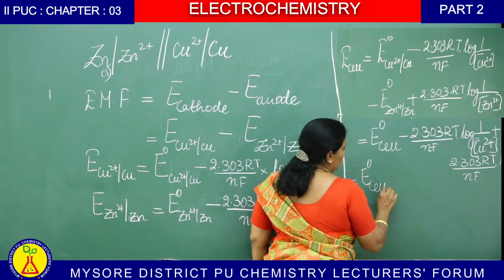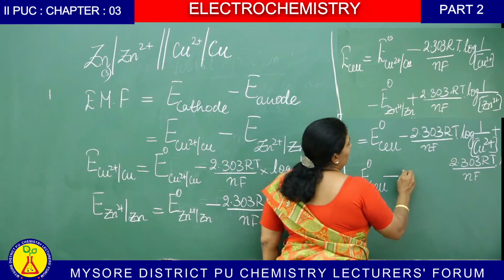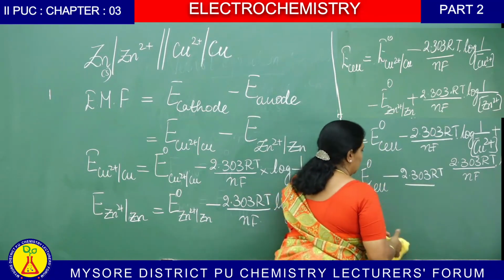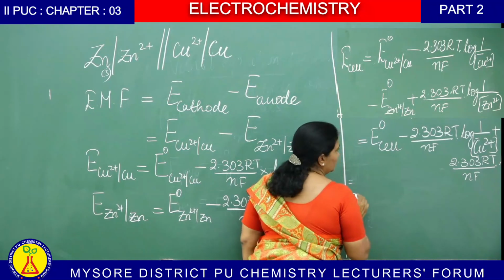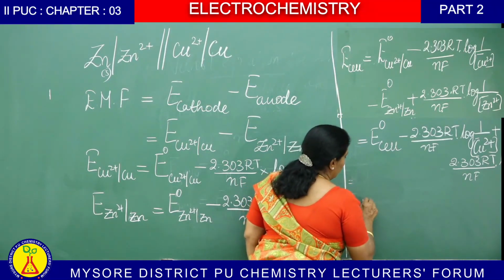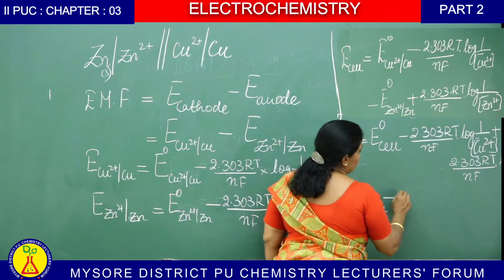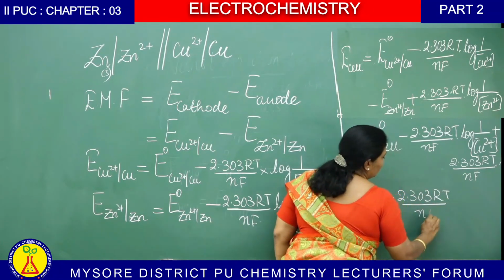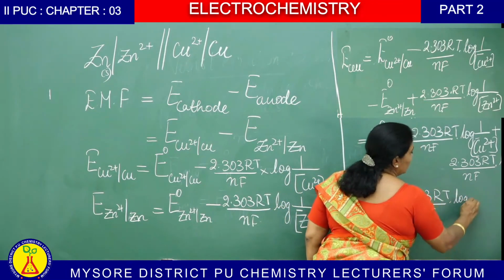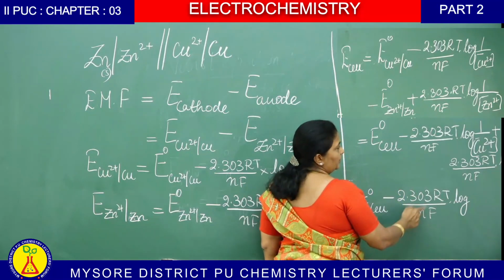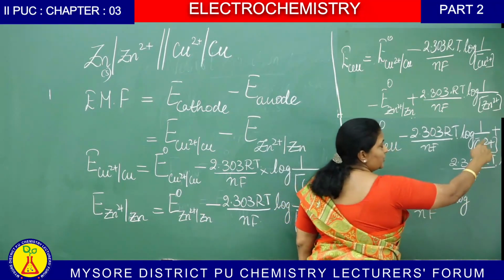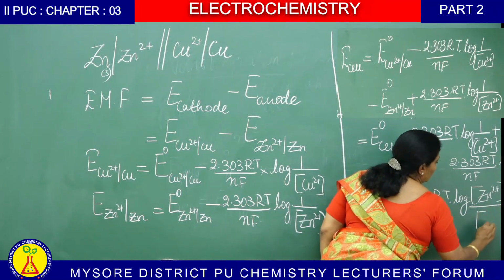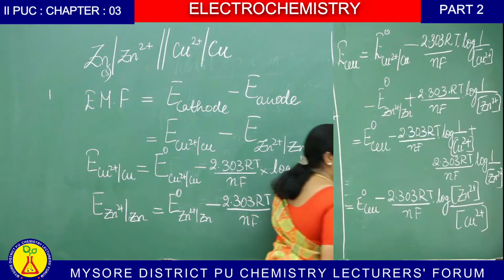So, the equation will become E naught of cell minus 2.303 RT by nF into log of, if I take out minus here, this will also become minus, the concentration of Zn2+ divided by Cu2+.